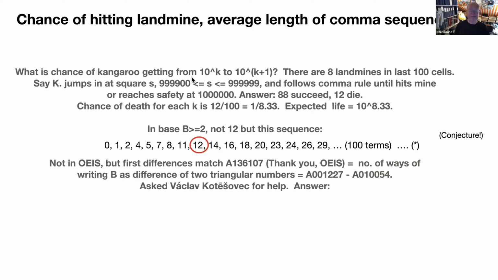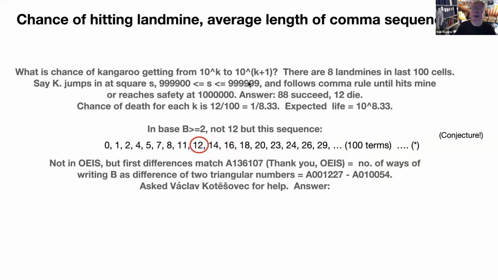It starts off in this range at a square S, which is one of the 100 numbers in the last 100. It jumps in, it lands at S, and then it follows the comma rule, and either it gets into the next power of 10 range, the next century, or it dies.